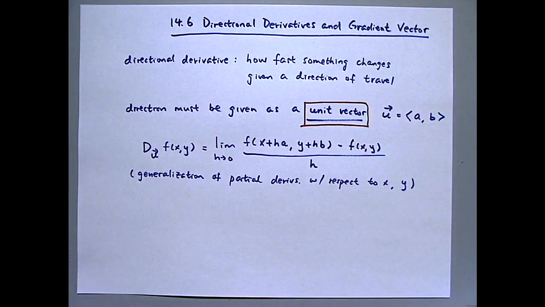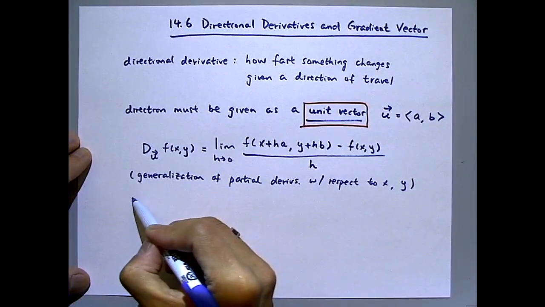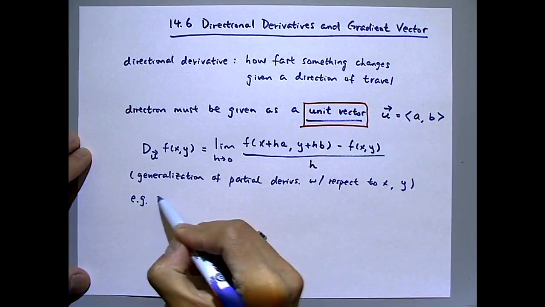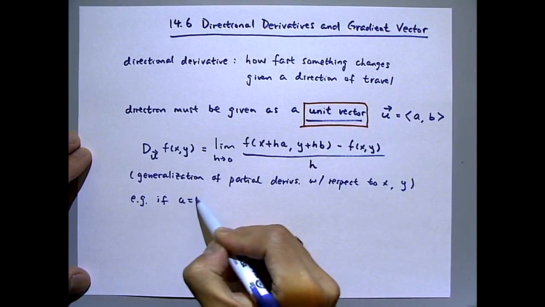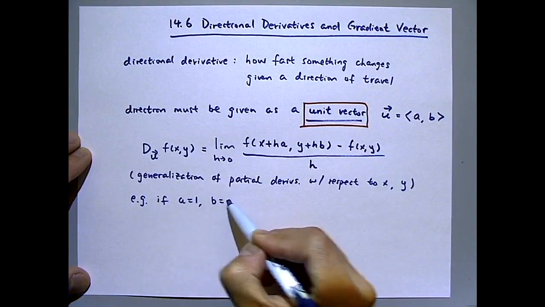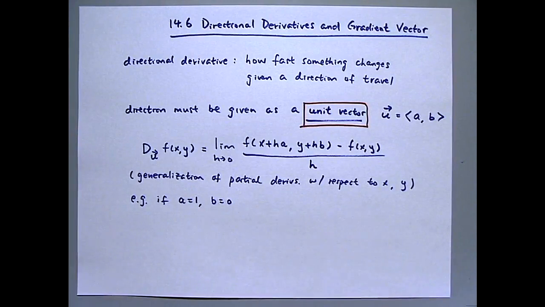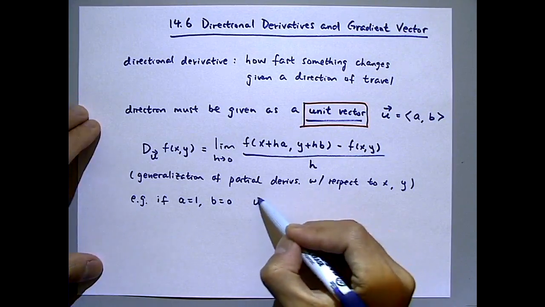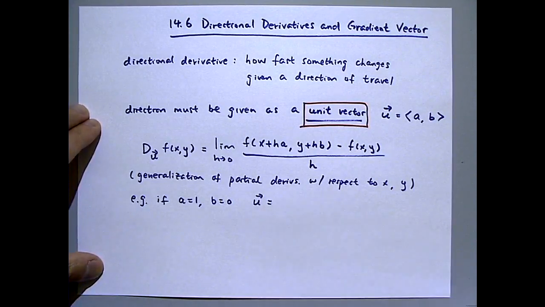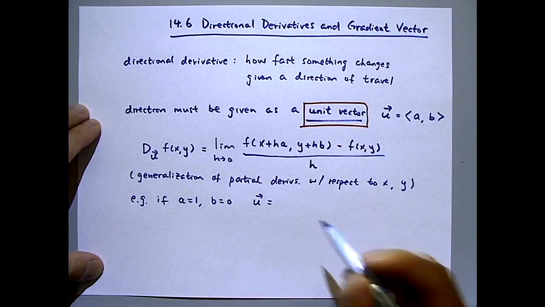For example, if I set a to be 1 and b to be 0, then u turns into the i vector, right?